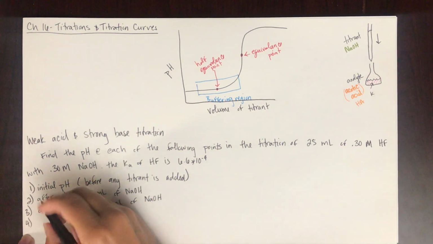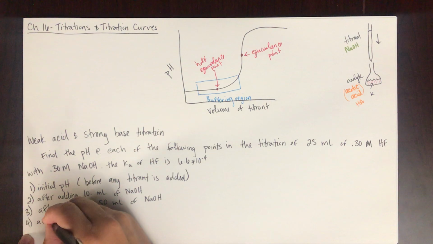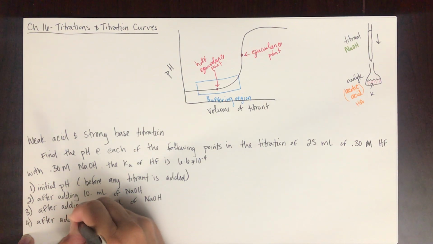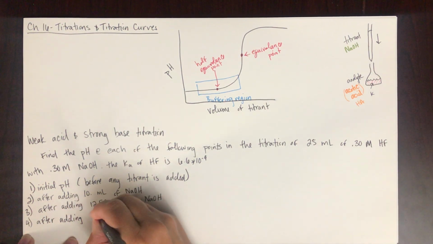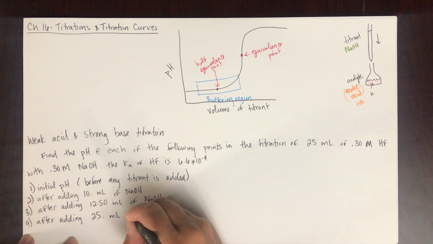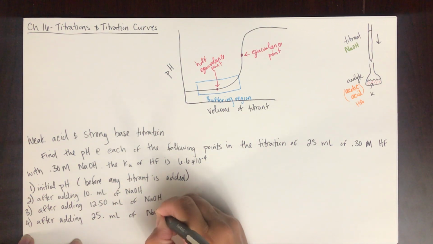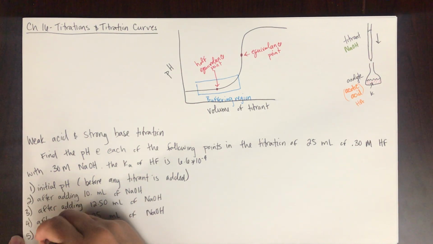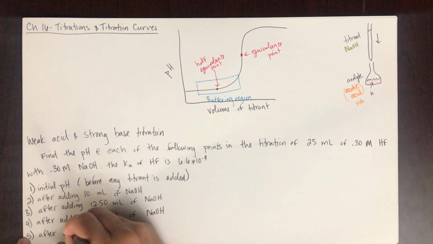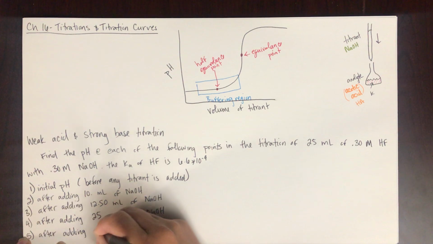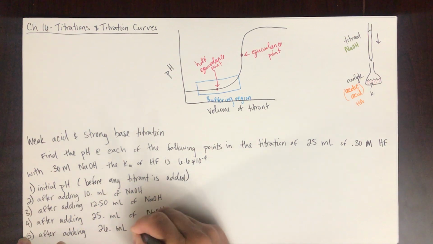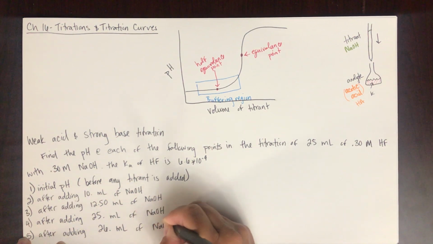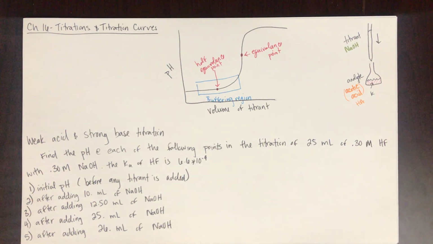The fourth point is going to be after adding 25 milliliters of sodium hydroxide. And then the fifth is going to be after adding 26 milliliters of sodium hydroxide. So we're going to do this 5-step problem.